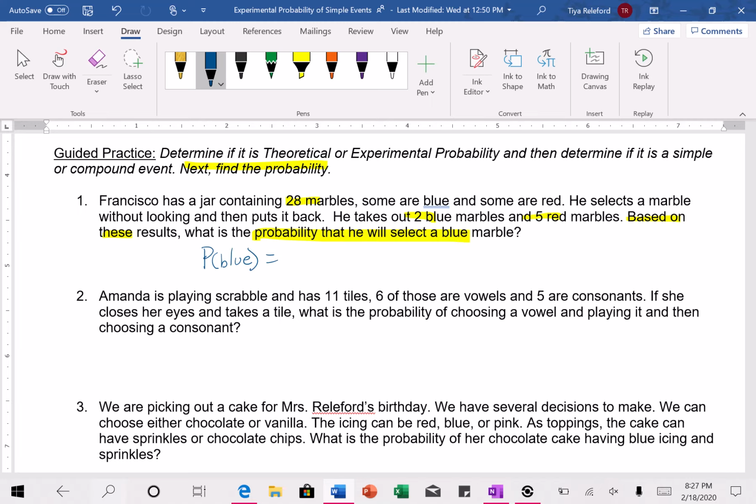I know there are 28 marbles, but he has already taken marbles out, right? So he has already done it. Already happened. He already took out 2 blue and 5 red. So blue goes on top. The total number that he's taken out goes on bottom. 28 is a trick.